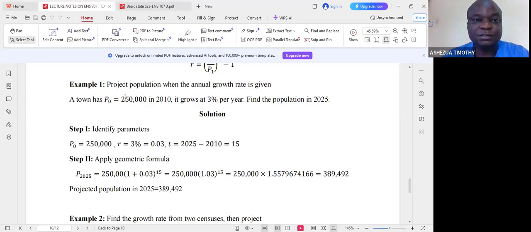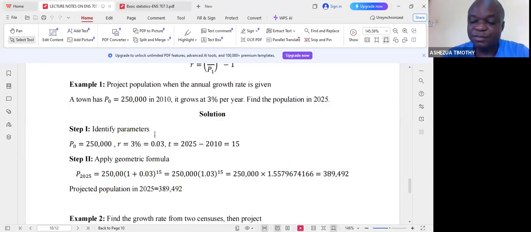When this census was conducted in 2010, the town had this population, 250,000. And it was observed that the population grows at 3% per year, that is between 2010 and 2015. Find the population in 2025.